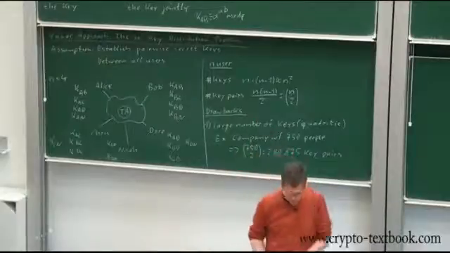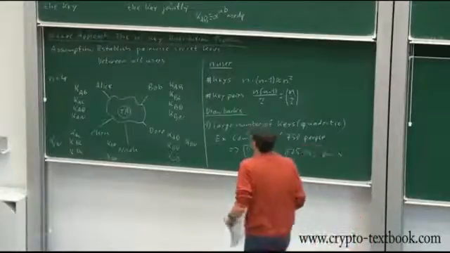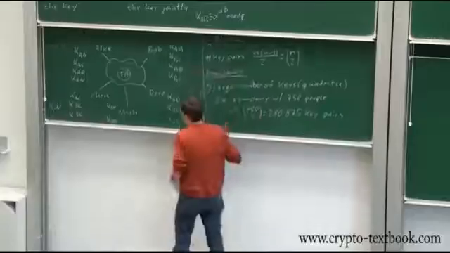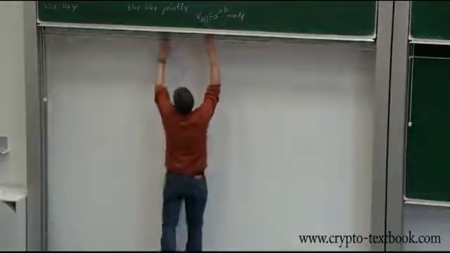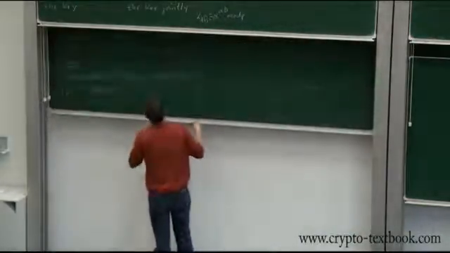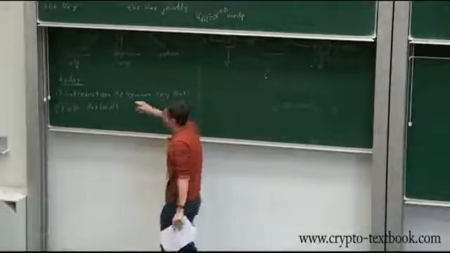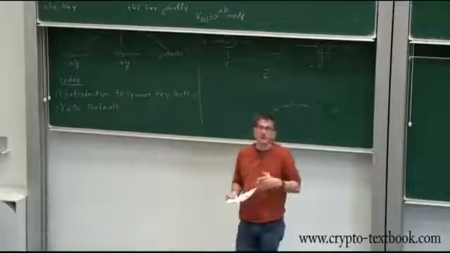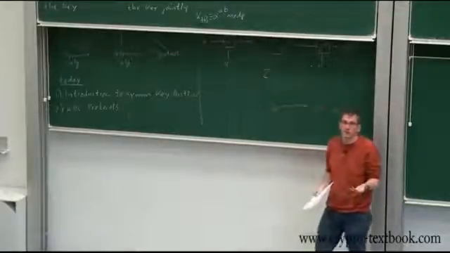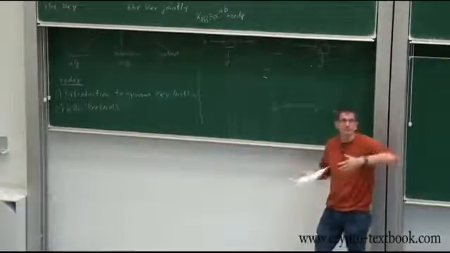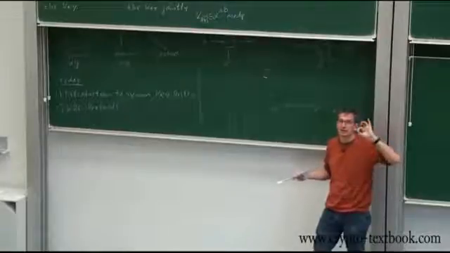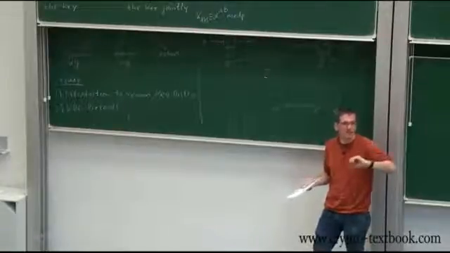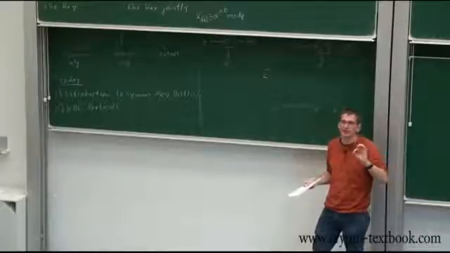So this was already the first part of the lecture. What we want to do now, and maybe that comes as a bit of a surprise, I want to show you a quite practical approach to distribute keys in a network, but not using Diffie-Hellman, but using AES or triple DES, using symmetric ciphers.